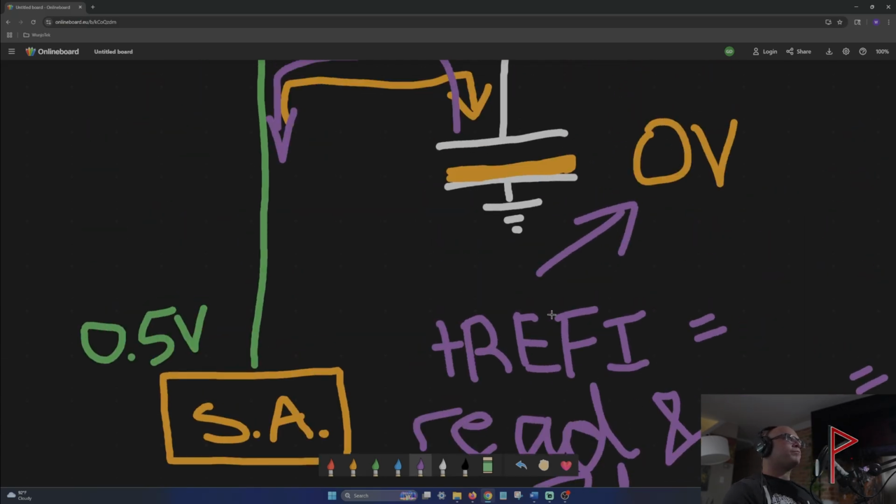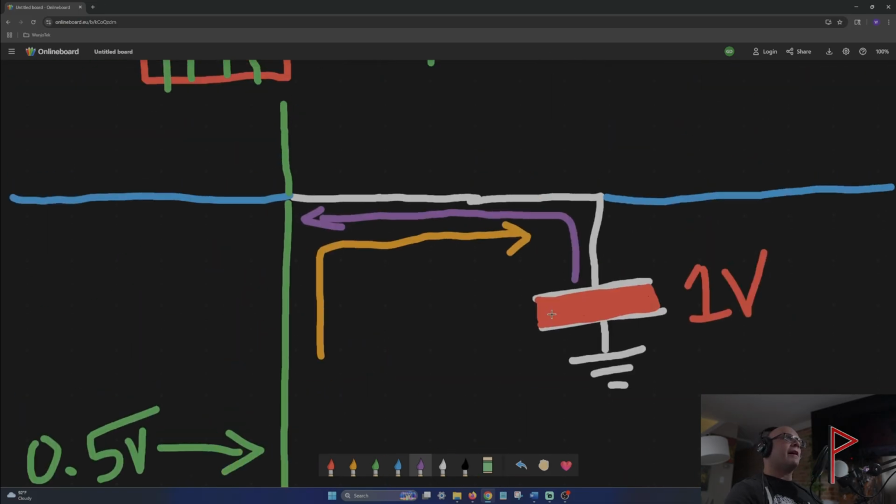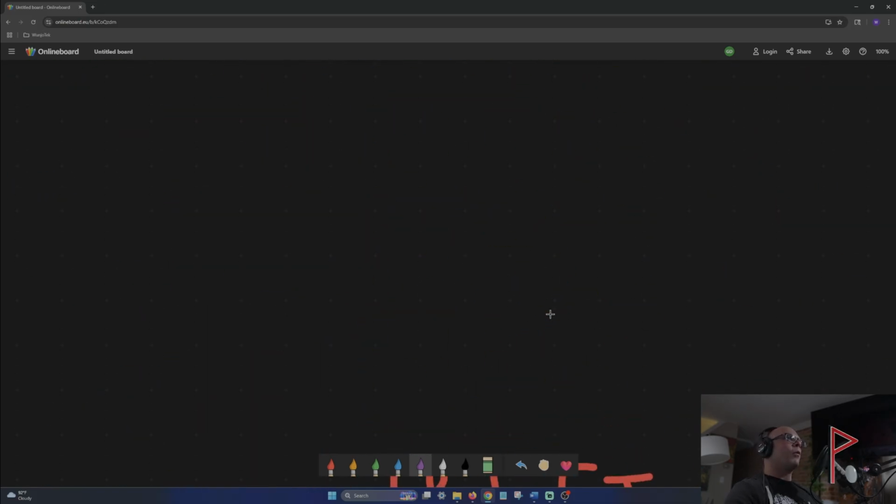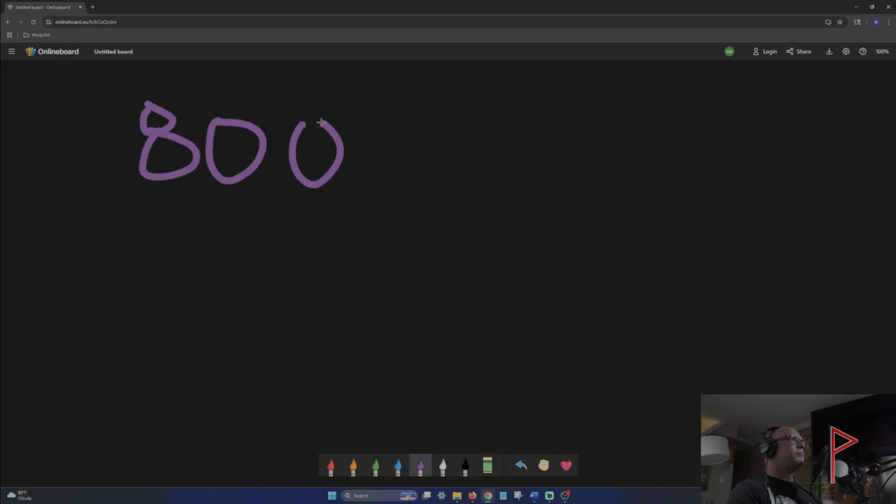So, when we're talking about tREFI, what we mean is, let's say I've set my tREFI value to 80,000. Okay. Now there's a formula here for determining how many cycles exactly that is. I don't want to get into it. But by default, this was set to 32,000.